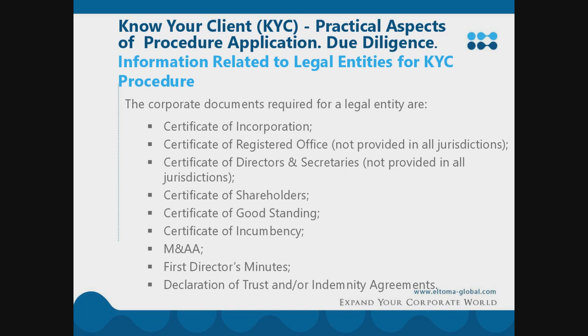In some jurisdictions, all this information could be mentioned in just one certificate. So you may ask the client for such and such information about the legal entity, and he will provide you the relevant certificate, because, for example, you may not know which exact certificate will provide information about the registered office or about shareholders.